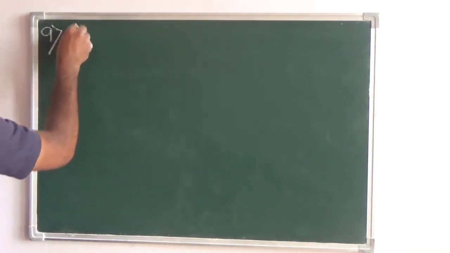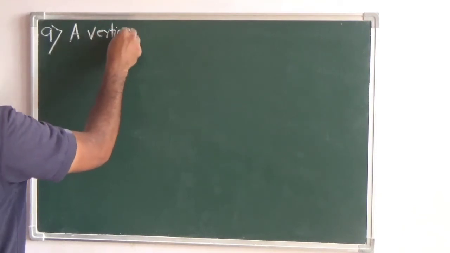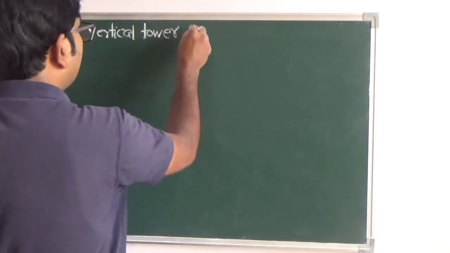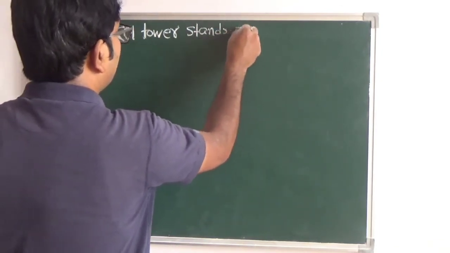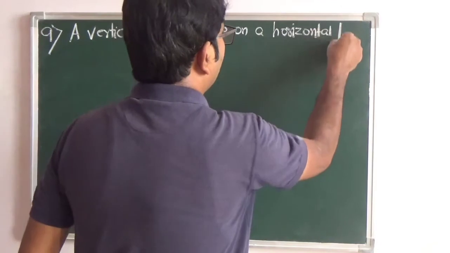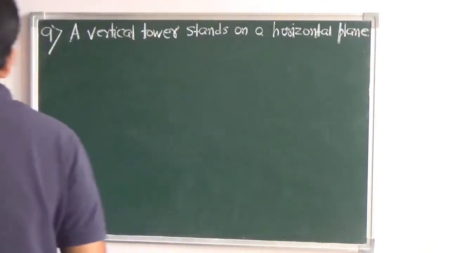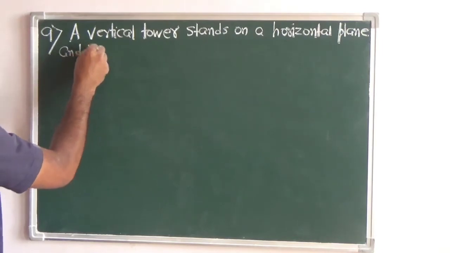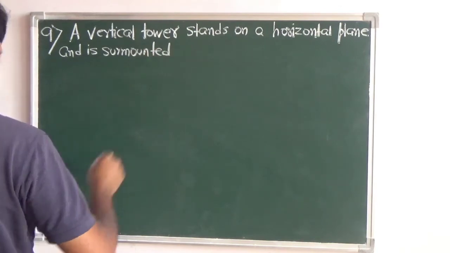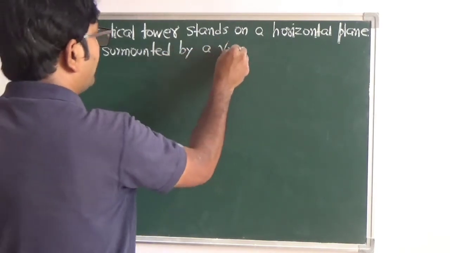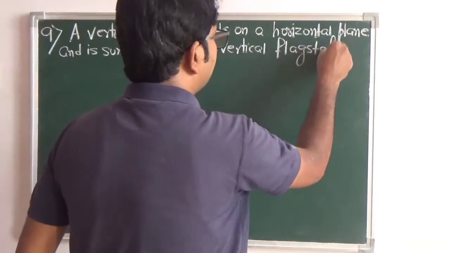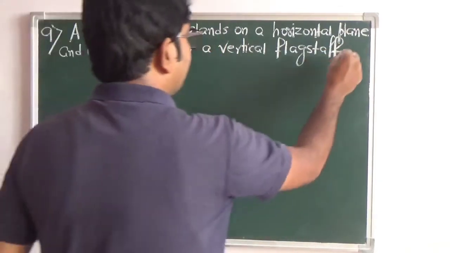A vertical tower stands on a horizontal plane and is surmounted by a vertical flagstaff of height h.